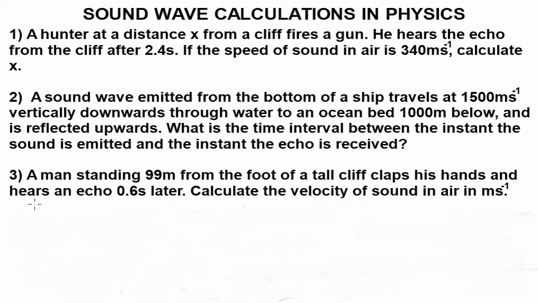Question 3 says, a man standing 99 meters from the foot of a cliff claps his hands and hears an echo 0.6 seconds later. Calculate the velocity of sound in air in meters per second. We are still working with this basic formula, v equals 2x over t.